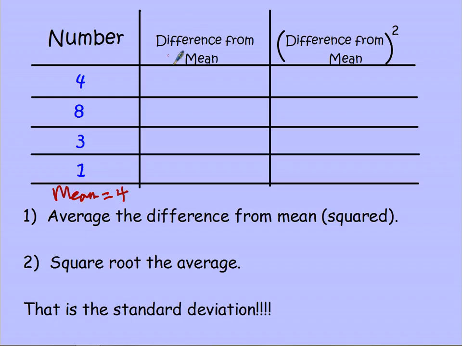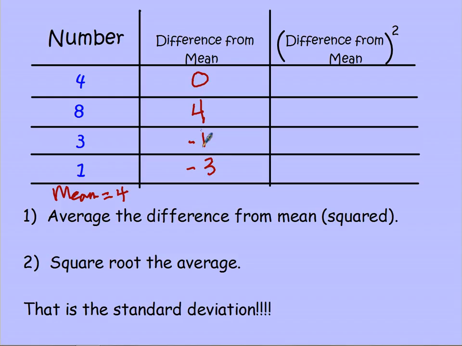So now I need to look at how far the numbers are from the mean, or in other words, the difference from the mean. Well, 4 has a difference of 0, right? It is the mean. 8 is 4 numbers away from the mean. 3 is negative 1 away from the mean, and 1 is negative 3 away from the mean.